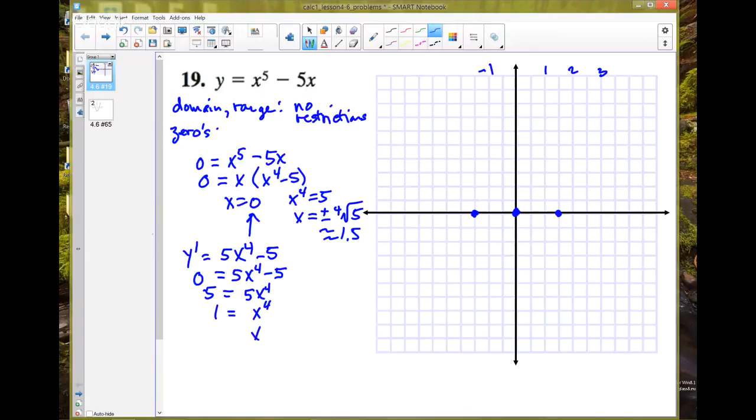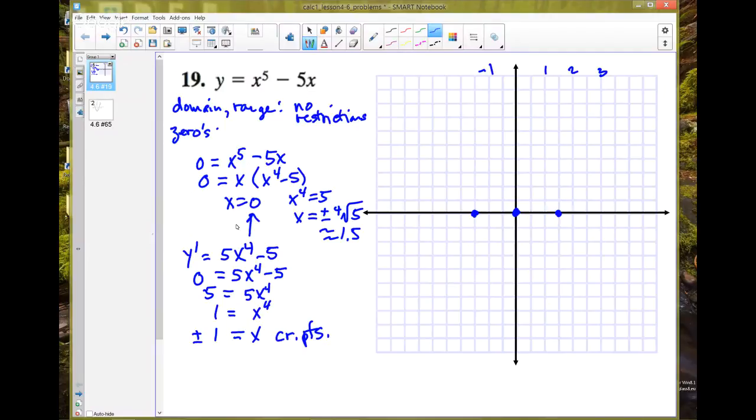We have plus or minus the 4th root of 1. So these are critical points. I don't know where they are, but you remember what a critical point means: the derivative is either undefined or it's equal to 0. So we have either a relative max or a relative min.